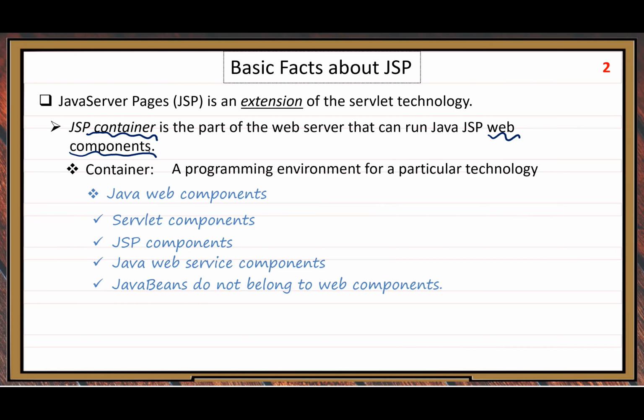Because we can use Java beans in our desktop applications. Java beans do not rely on a web environment. Although we use many Java beans in our Java web applications, we do not call Java beans web components.